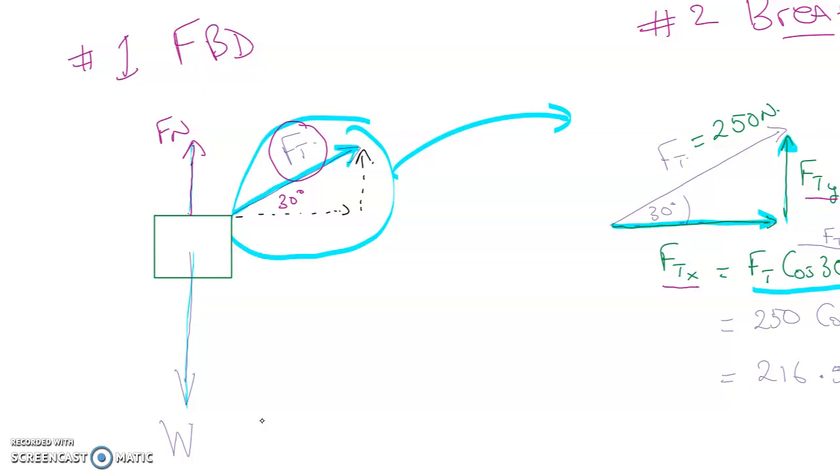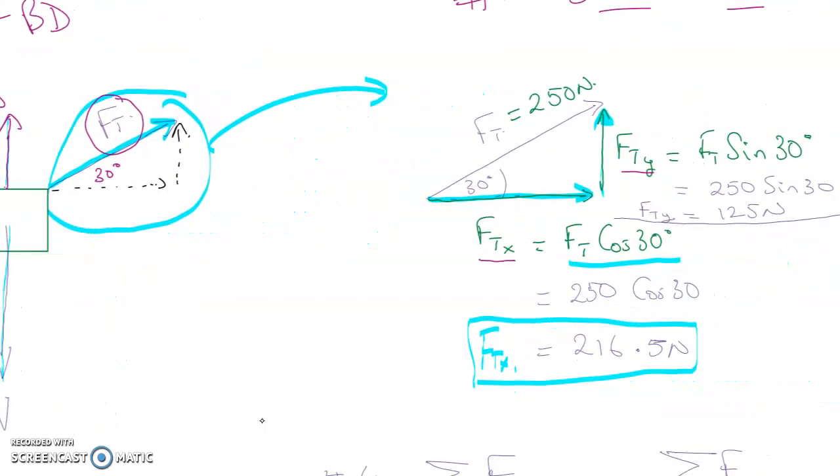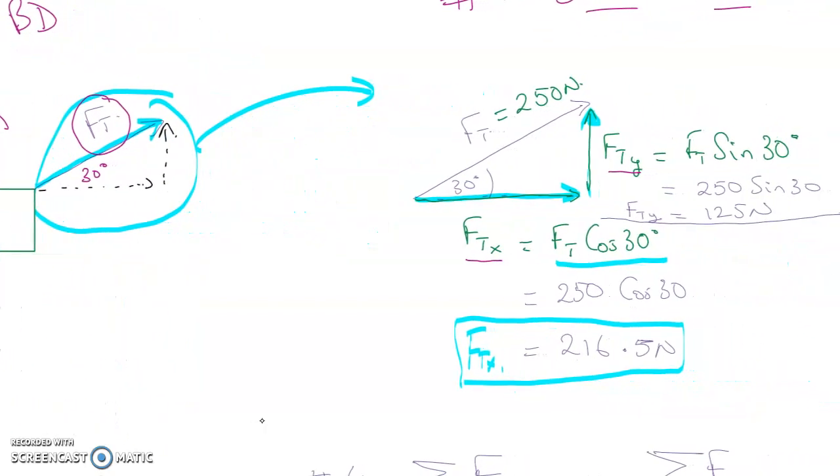Plug in the numbers and that gives us the force of tension in the x direction equal to 216 newtons, and the force of tension in the y direction works out to be 125 newtons, just solving in the numbers, 250 sine 30.